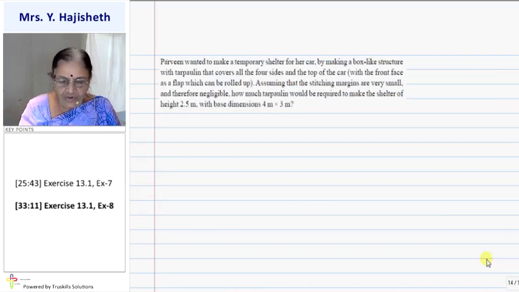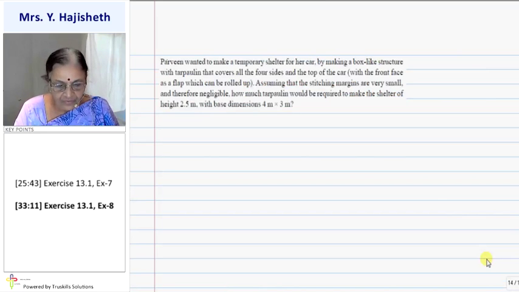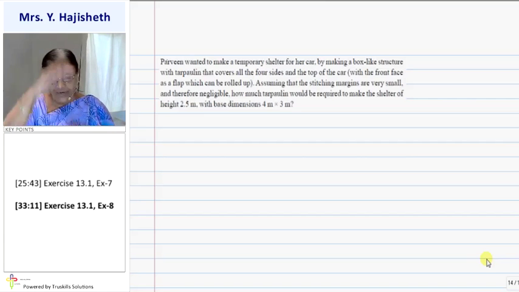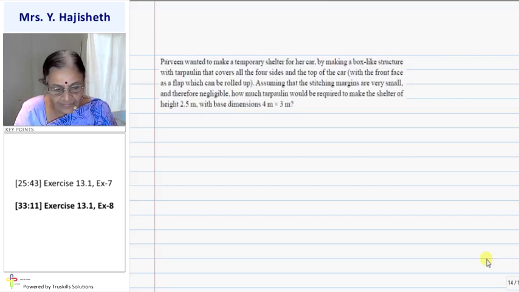Now Parveen wanted to make a temporary shelter for a car by making a box-like structure with tarpaulin that covers all the 4 sides and the top of the car. 4 sides and top, not the bottom, with the front face as a flap which can be rolled up. We roll it up like this.